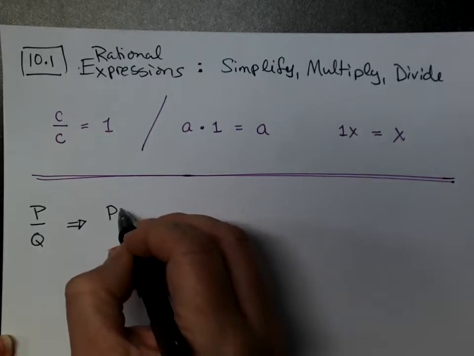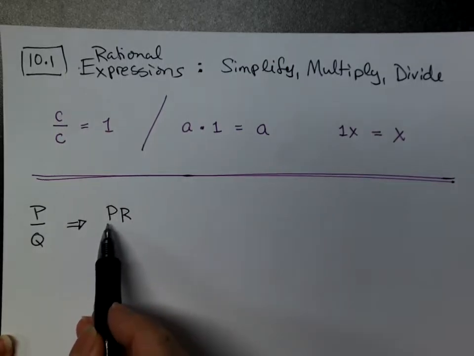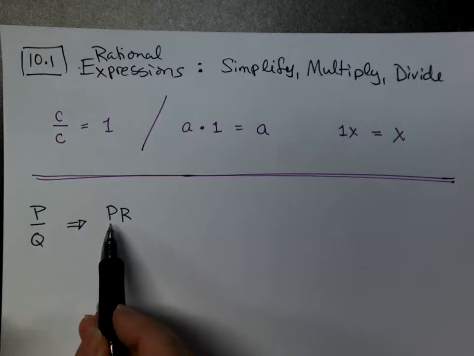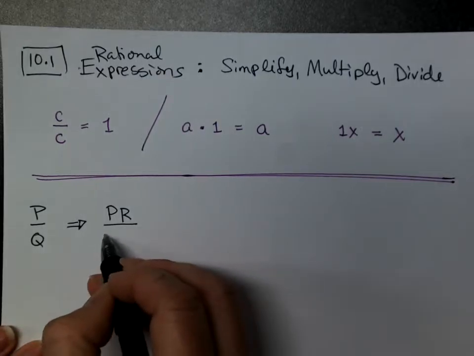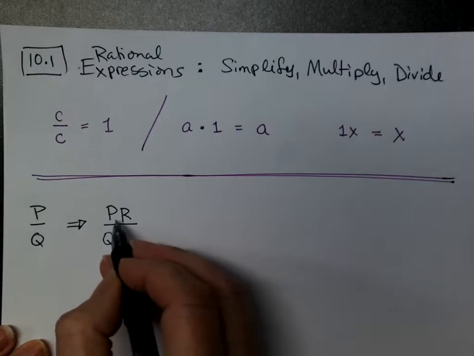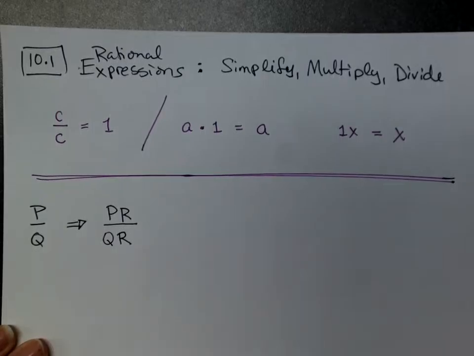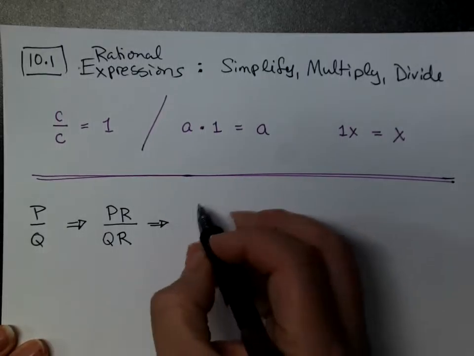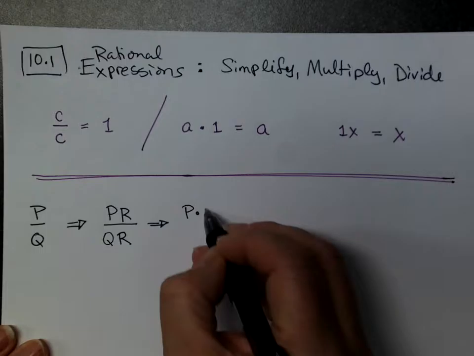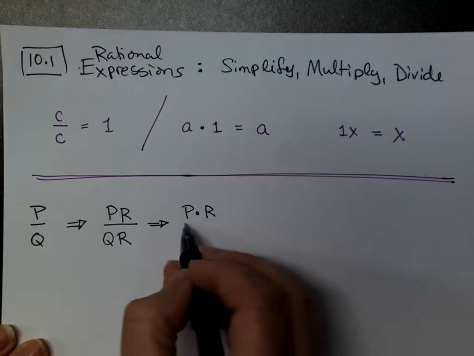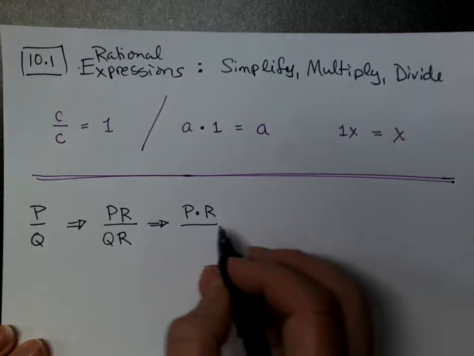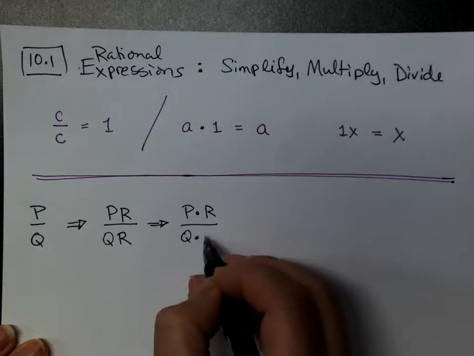So P times R, that could be like a binomial, like x plus 5 times x plus 3. And on the bottom, we have 2 that are multiplied. Look, there's no plus or minus here. If you put 2 letters next to each other, that means multiply. And let's say that's also multiplied times R. So what this means is P times R, 2 polynomials, whatever they are, and on the bottom is Q times R.